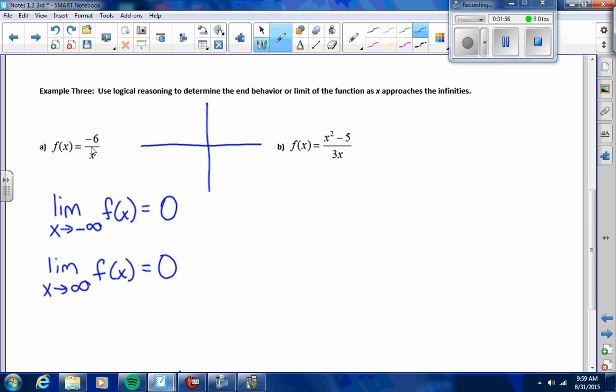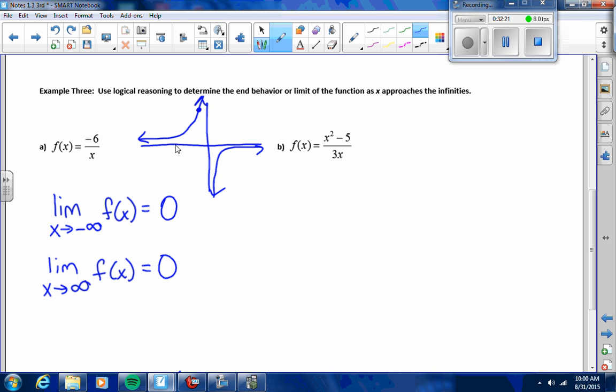So we have a pretty good idea of what this graph looks like. We know x cannot equal what? 0. So we have a vertical asymptote at x equals 0, and the values we just found basically tell us the graph looks like that and that. Because when x is -1, the function's up here at 6.